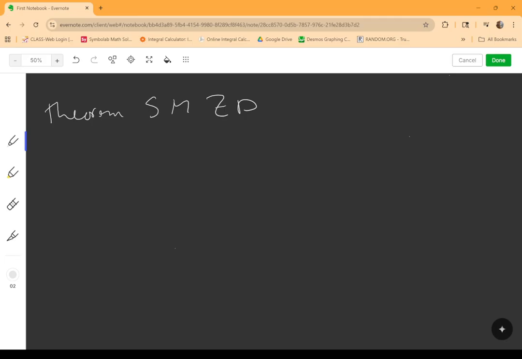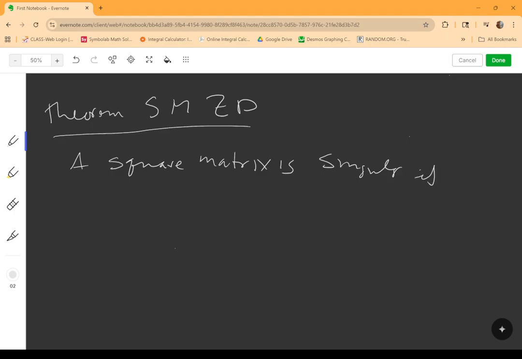A square matrix is singular if and only if the determinant of A is equal to 0.